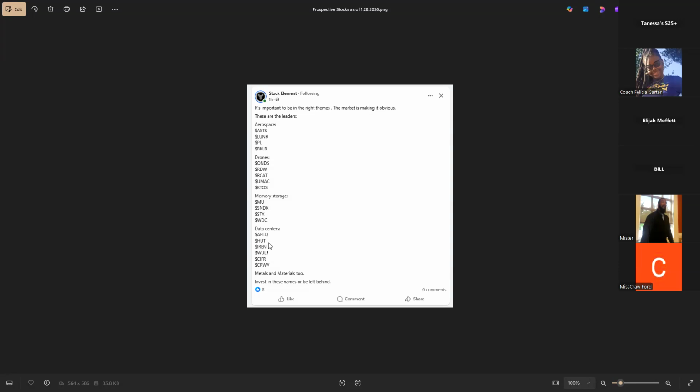Jump on the bandwagon, especially when it's in an area that you know has a lot of sustainability. Drones aren't going anywhere. Aerospace isn't going anywhere. Data centers aren't going anywhere. So getting these positions is like getting in on Amazon back when Amazon was first on the scene, or getting in on Apple when the iPhone first launched. That's what this is all about.